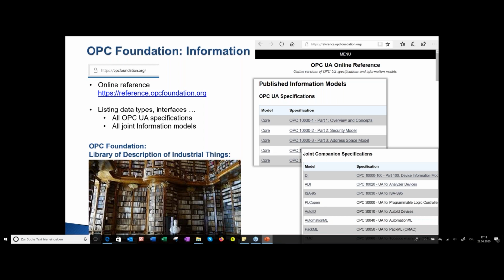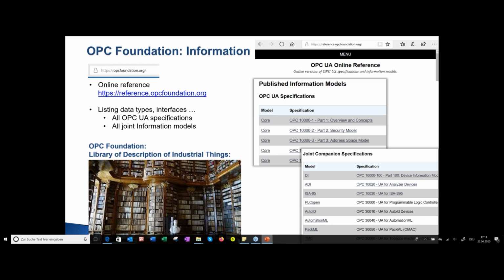Obviously, today, all these descriptions, we are not putting them into a normal historical library, what you see here as a picture. Today, everything is online and in the web. And so all kinds of OPC specifications, all kinds of basic data models, but also the companion specifications are available online.